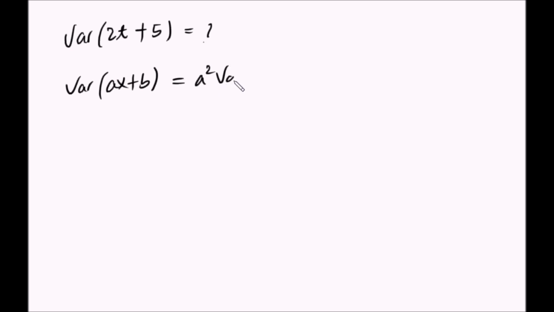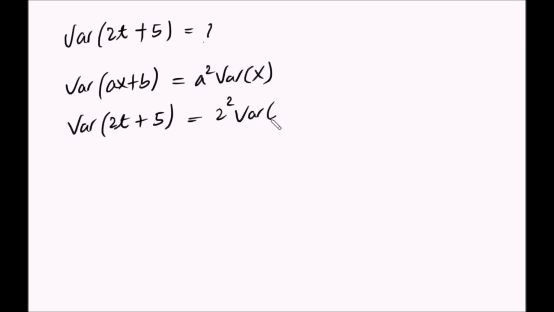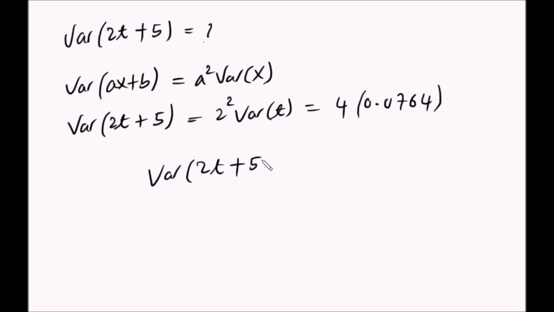Now variance of 2t plus 5, part C. So this is variance of 2t plus 5. We know that variance of ax plus b is a squared variance of x. So variance of 2t plus 5 will also be 2 squared variance of t. 2 squared is 4. This is 0.0764. So you can see that variance of 2t plus 5 is likewise 0.3056.